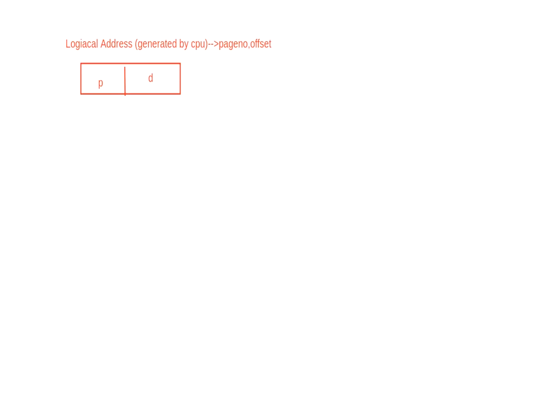Now it comprises a frame number and an offset. Remember that the offset is the same in both. Only the difference is that in the logical address you will have a page number, and in the physical address you will have a frame number.